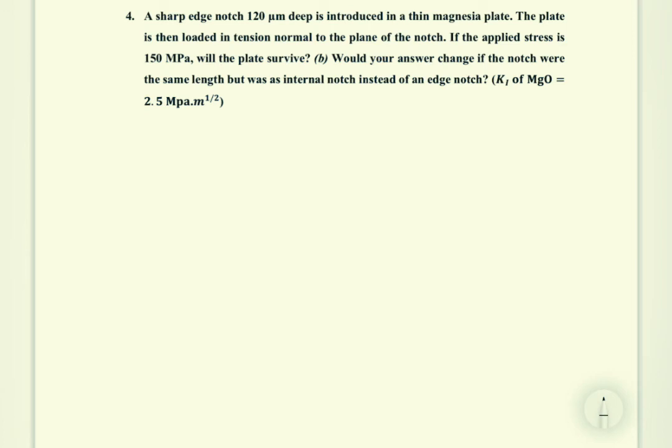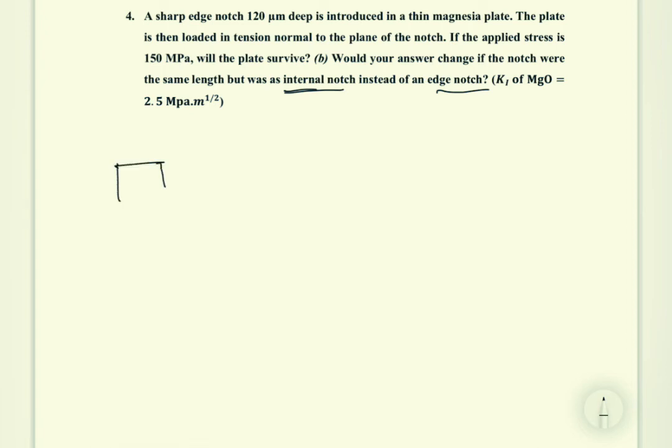If the applied stress is 150 MPa, will the plate survive? Would your answer change if the notch were the same length but was an internal notch instead of the edge notch? So in A, it is edge notch, and in B, it is internal notch.